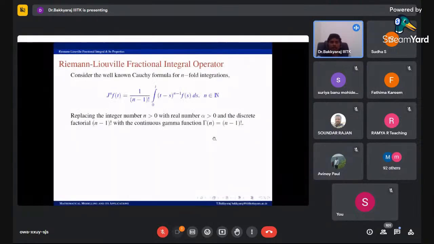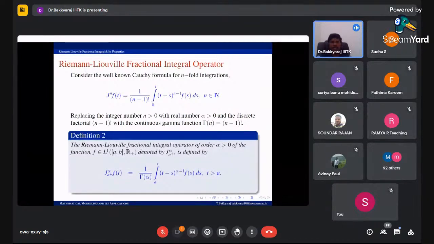Okay, so this is the nth order, n-fold integration formula. Now I'm going to write what the alpha order is. If alpha is a positive real number, through this generalization, because I know a gamma function is defined for positive reals, I can easily generalize this.